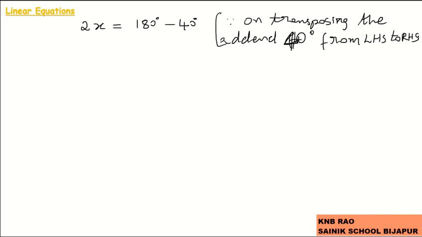So, this is the reason I am mentioning for each step. So, 2x equals to 180 minus 40 degrees gives you 140 degrees.